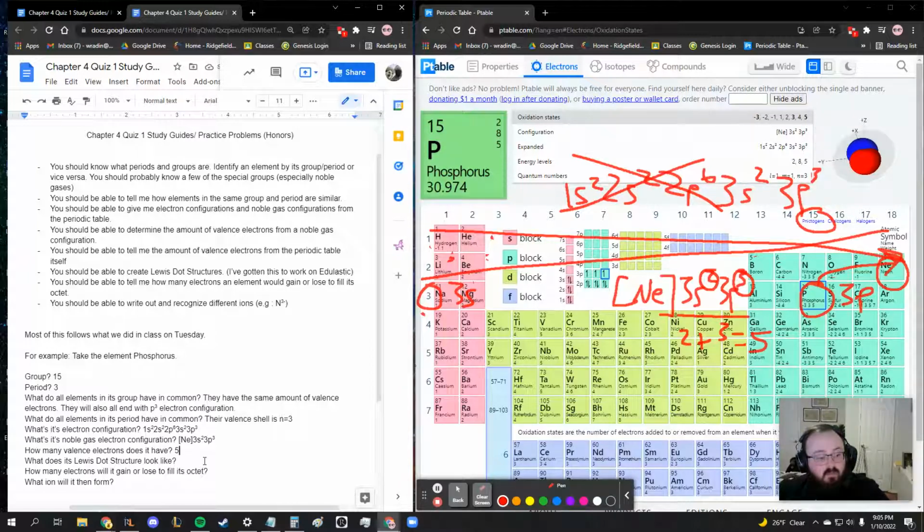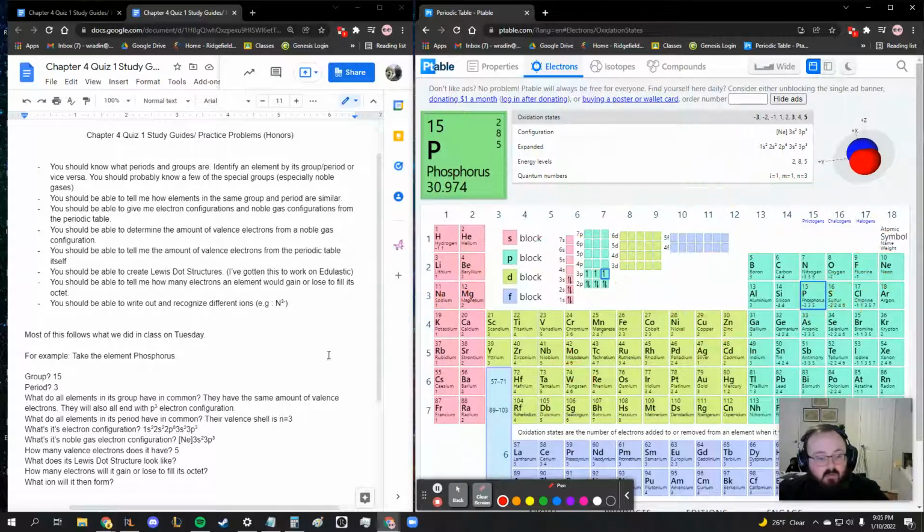So, our Lewis dot structure, all we have to do for this, we take our element, here is P. We start circling around the electrons. You know what? I'm going to do this over here, where there's space. We have 5 valence electrons. 1, 2, 3, 4, and 5.